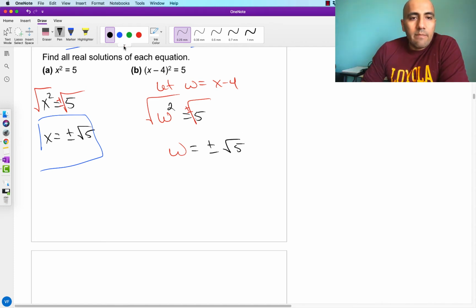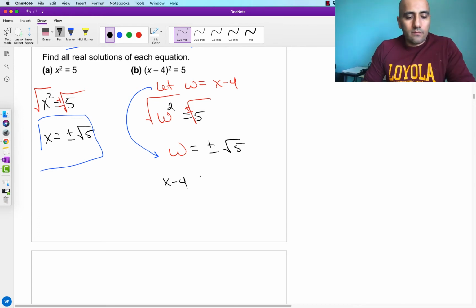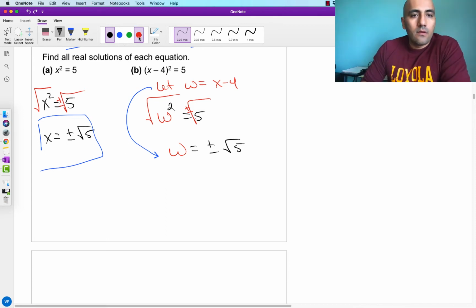So we still have to come back over here now and plug that into there. So we end up with x minus 4 for the w is equal to plus or minus root 5.